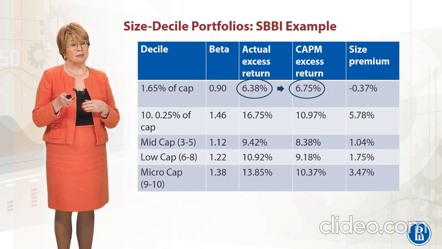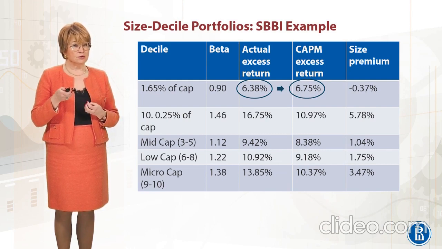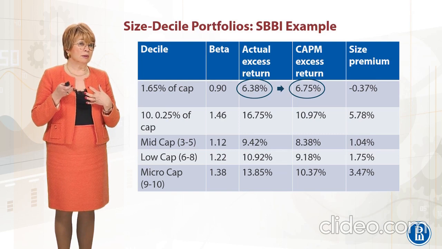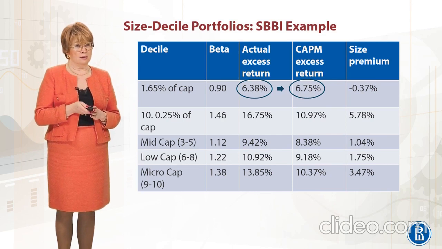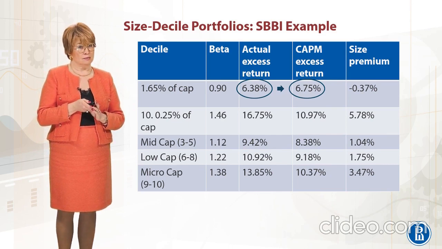So this is market risk premium. For the largest company, the computed market risk premium, which is the product of the overall market risk premium and their betas, is 6.75. But their actual excess return, which is the market return over the risk-free rate, is lower.